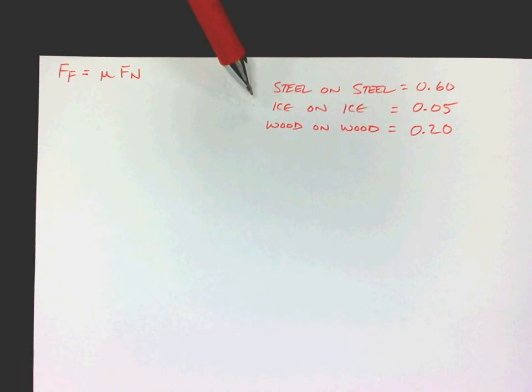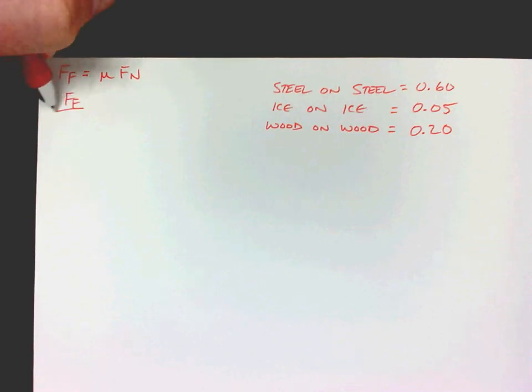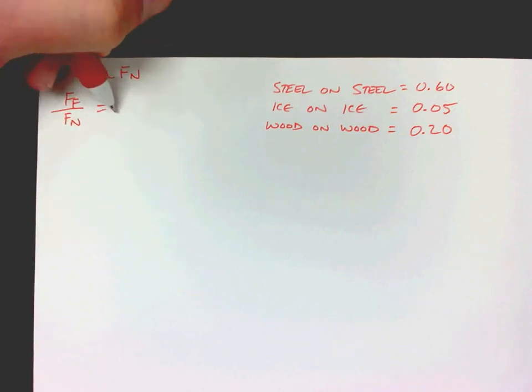If you solve for the coefficient and you ever get something that's 1 or above 1, you've done something wrong. These values should always be below 1, and then they'll depend on the materials themselves. If we rearrange this equation, here's what we get: FF over FN for the coefficient of friction.